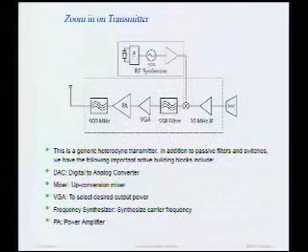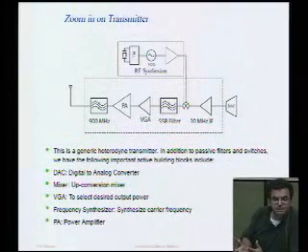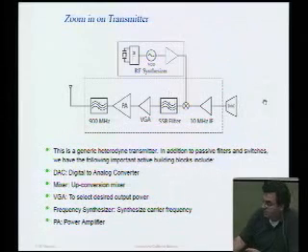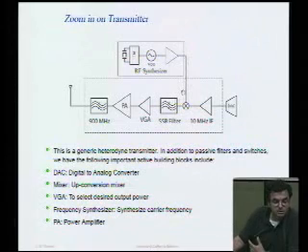Okay, transmitter is a dual of a receiver, but it's very different. The kinds of constraints that you have when you build a transmitter are very different. In particular, a generic transmitter starts out with some digital bits, converts them into analog signals, multiplies it by a local oscillator, which is generated by the synthesizer that we just discussed.